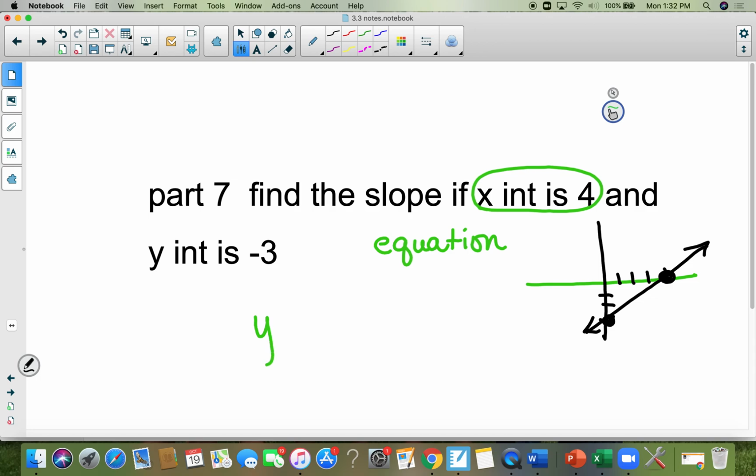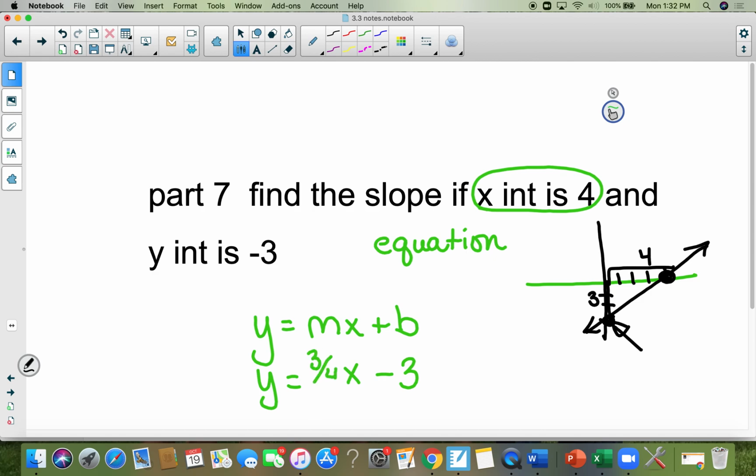I can write my equation, y equals mx plus b. y equals, I know that it crosses the y-axis, or my b value, at -3, and my slope is definitely positive. I rose 3, and I went over 4. It's rise over run, so the slope is a positive 3/4 x. And that's all the notes on lines.